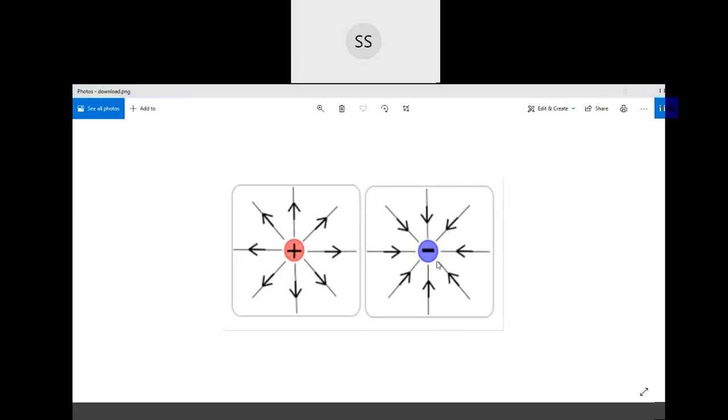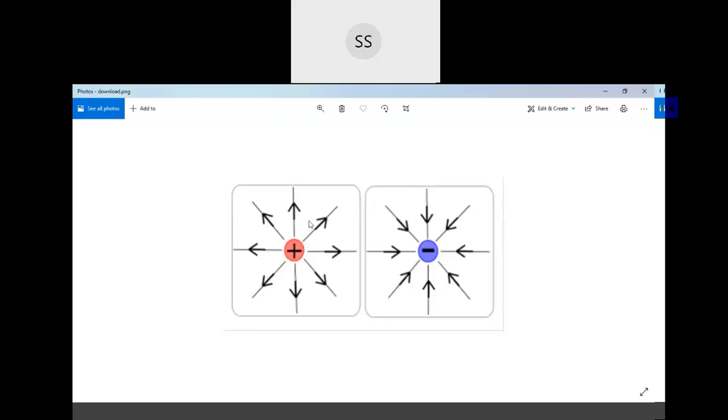And here it is a negative source charge, and when we bring the positive charge around the negative charge, it will get attracted, right? That's why the direction is inwards. So for a negative charge, the direction of the electric field is inwards, and for a positive charge, the direction of the electric field is outward. See, this is the electric field area of the positive charge, and this is the electric field area of the negative charge.